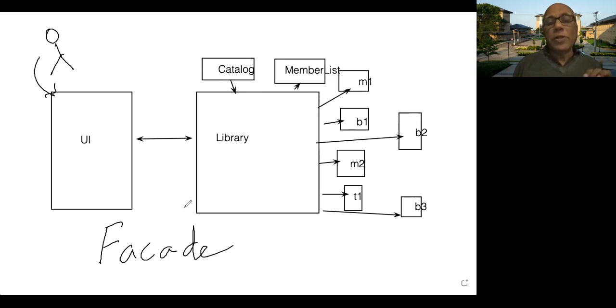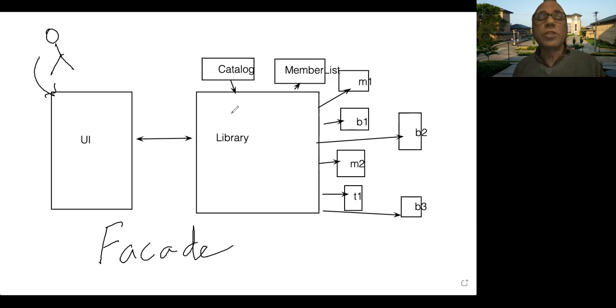Okay, so when you design a system like this, where you have a complicated set of objects, but then you create a set of one or more operations so that clients can use those operations to perform its functions, we are using the facade design pattern.